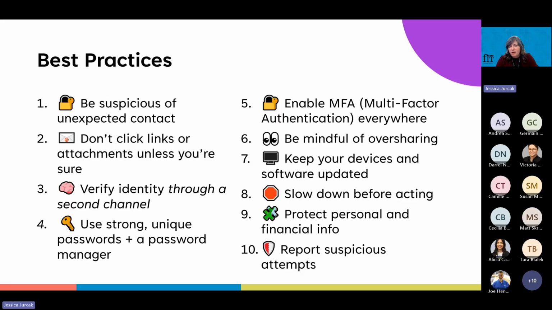Enable MFA everywhere, anywhere you can. If two-factor authentication or multi-factor authentication is an option, please enable it. An authenticator app is the best way to do that because there are many ways that you can authenticate through the authenticator app. There are physical keys. You can use YubiKeys that look like this.